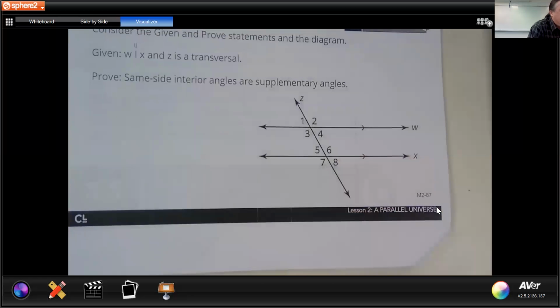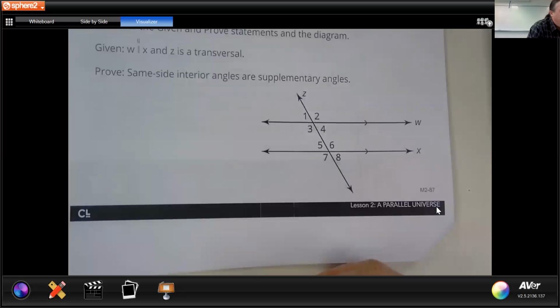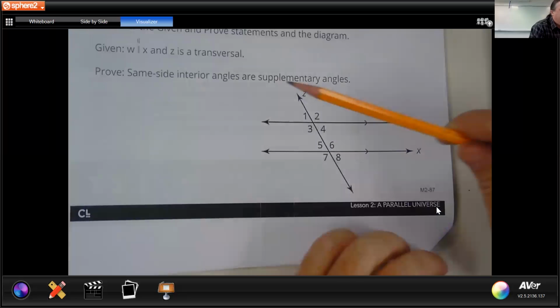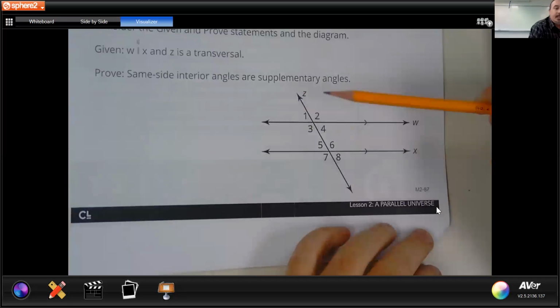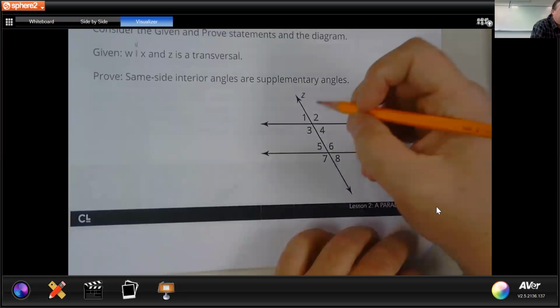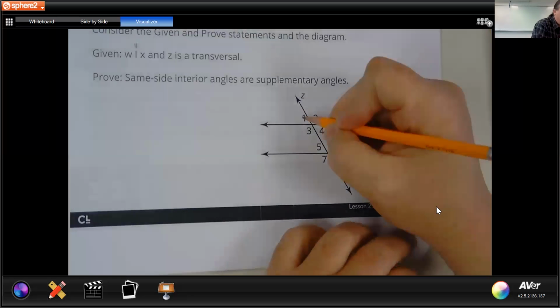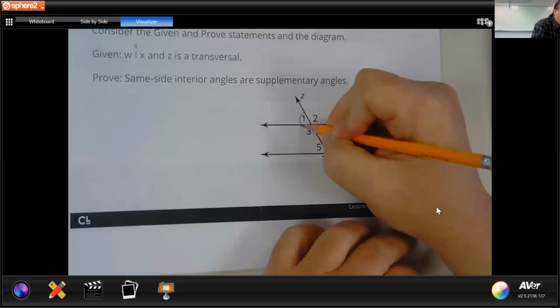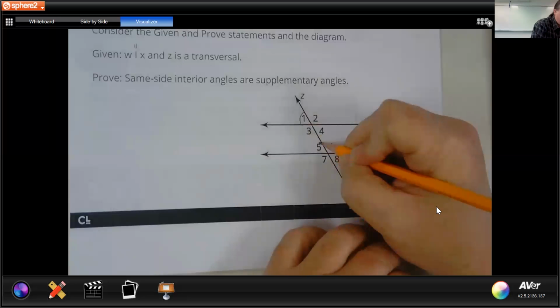We want to prove that the same side interior angles are supplementary angles, meaning that they add up to 180 degrees. So how are we going to prove that? The way we're going to prove that is we're going to use some congruent angles. Let's use our corresponding angles. We just got finished working with those, right?